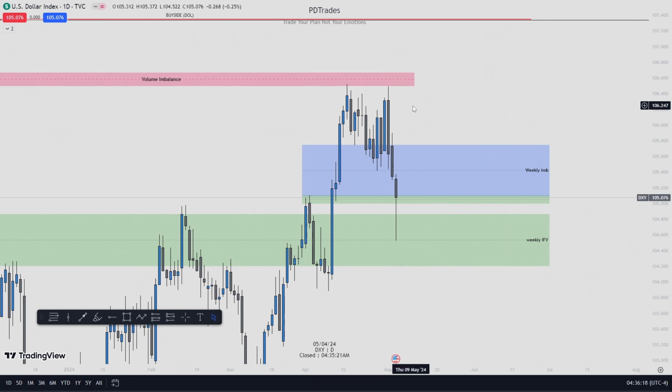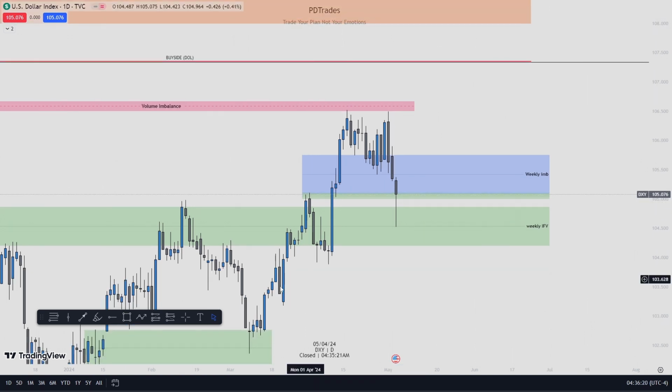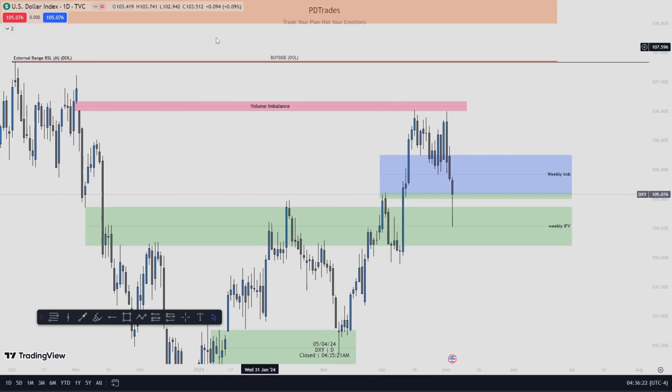But I'm not saying it's going to do that. From what I can see right now, this area here is my external range buy side liquidity. This is the monthly high. So there's a lot of liquidity resting here. And above that there's what?